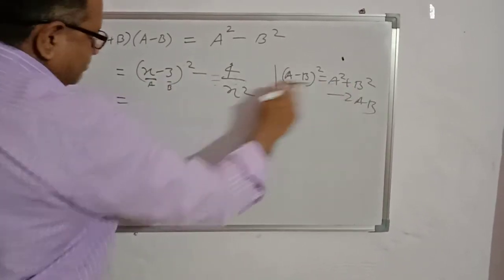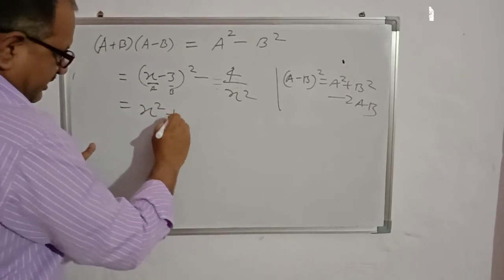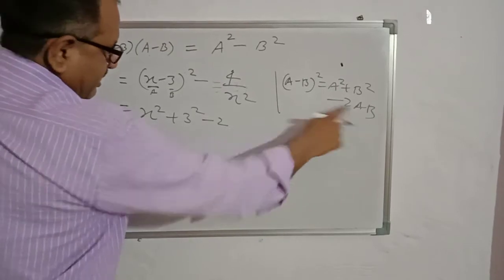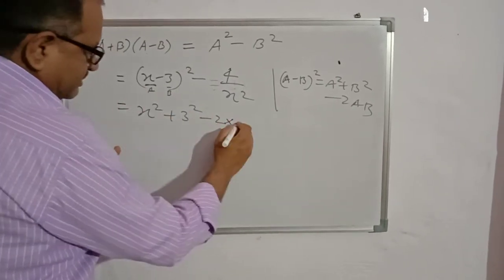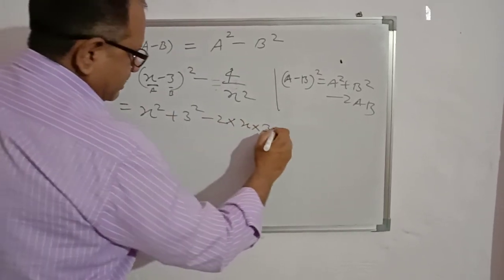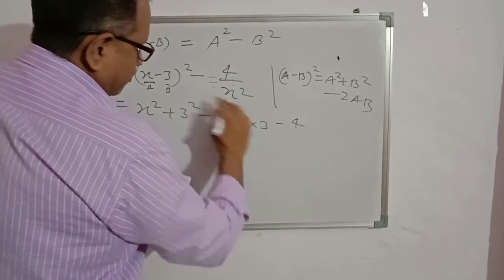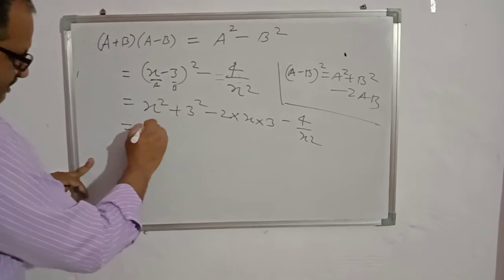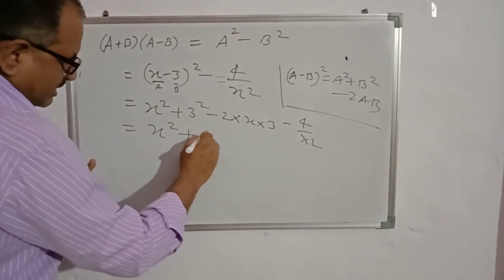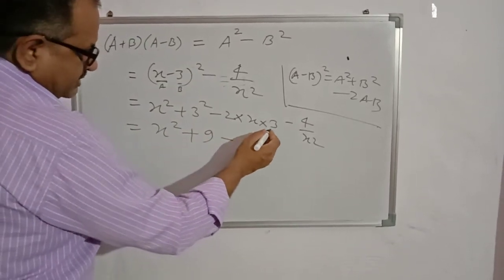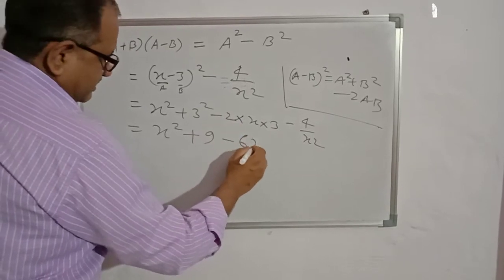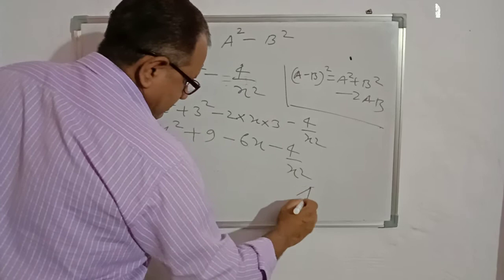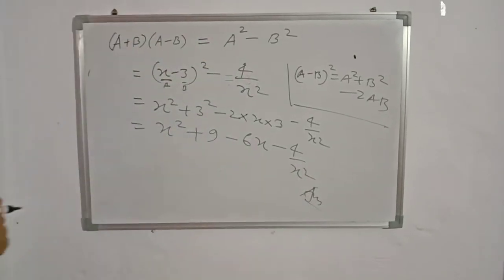So a square plus b square means x square plus 3 square minus 2ab. A is x, b is 3, minus 4 by x square. Simplified, x square, 3 square is 9, minus 3 into 2, 6x, minus 4 by x square. This is the answer.